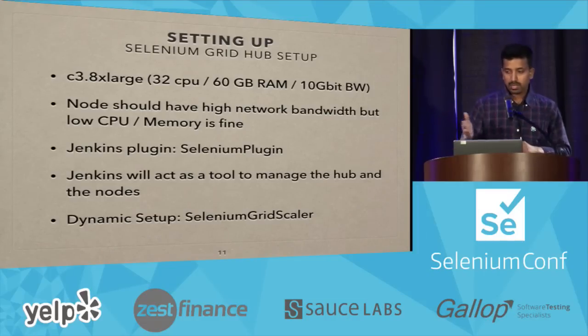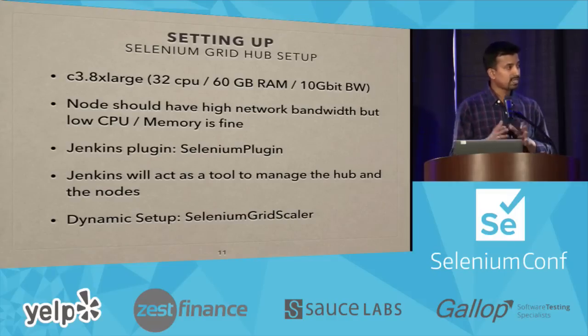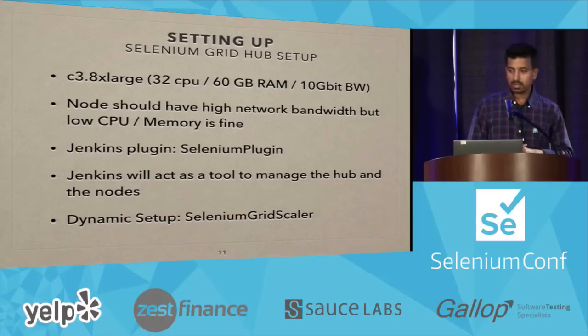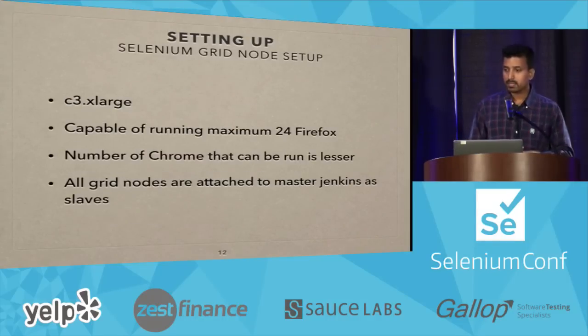Instead, you can also use Selenium Grid Scaler, which, when it runs, acts as Hub, but you won't have any nodes. You tell it you want to run this many cases, and it will automatically spawn the nodes, run your tests, and terminate them. But we will see more detail later.